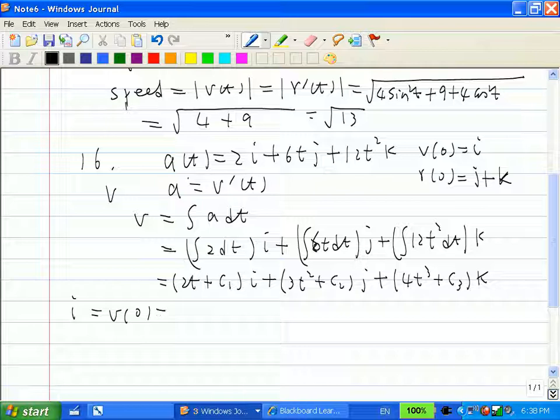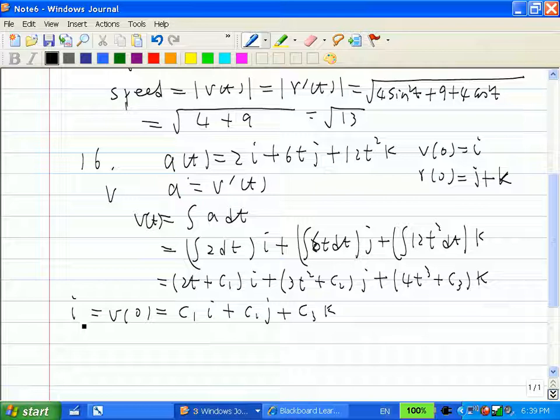Now, in the above equation, v is a function of t. You let t equal 0, and you get c1 i plus c2 j plus c3 k.